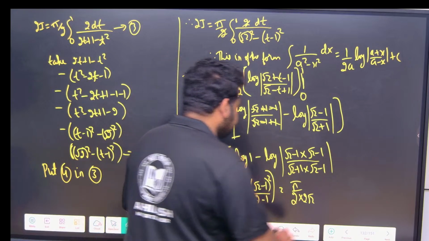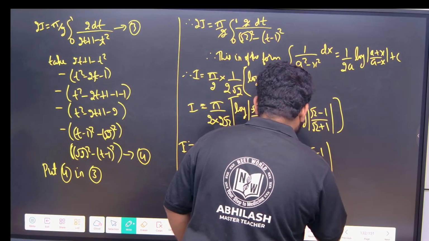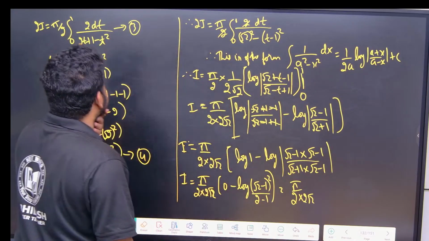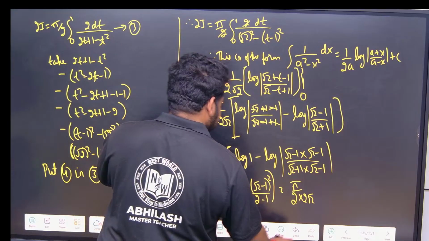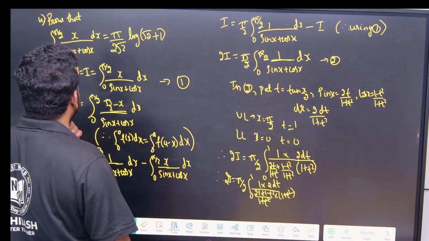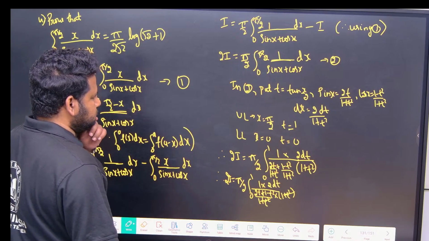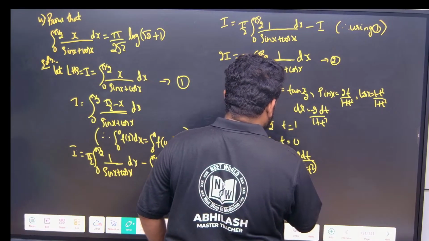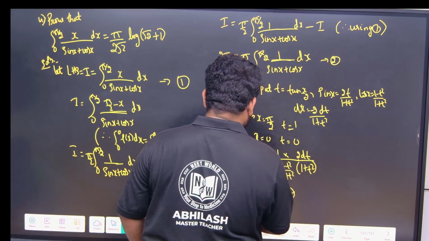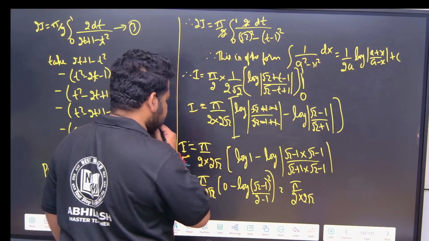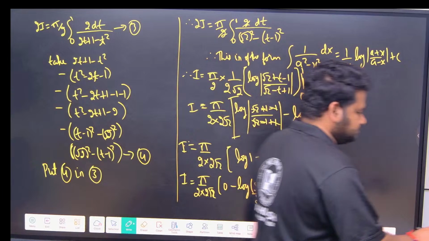Observe very carefully, here we have to get one minus here. Actually this should be minus 2 dt, so let me write minus outside, then it will be correct. Let me check once.